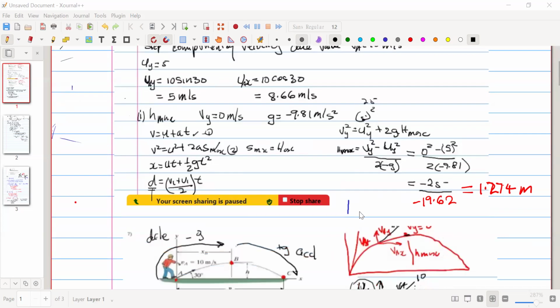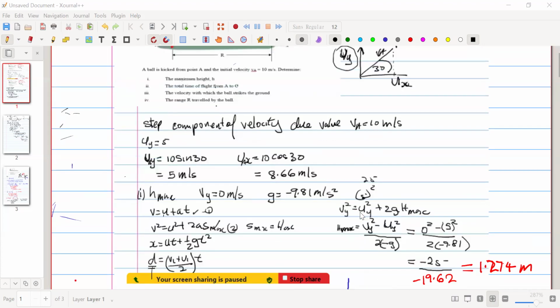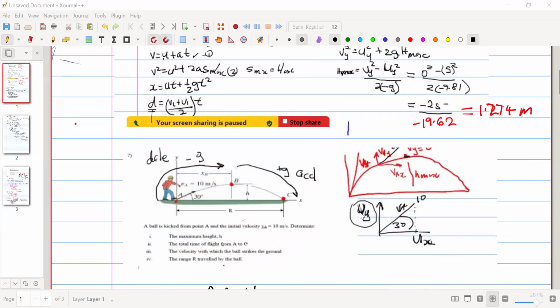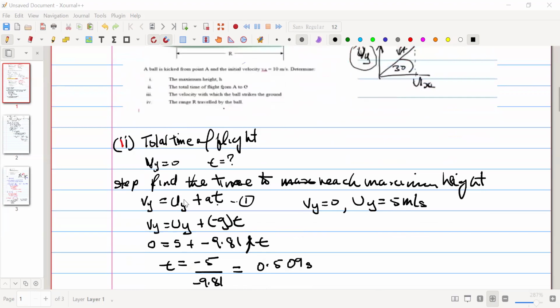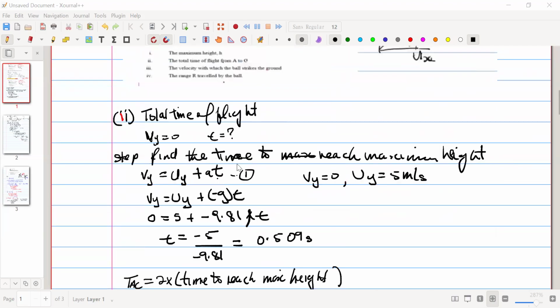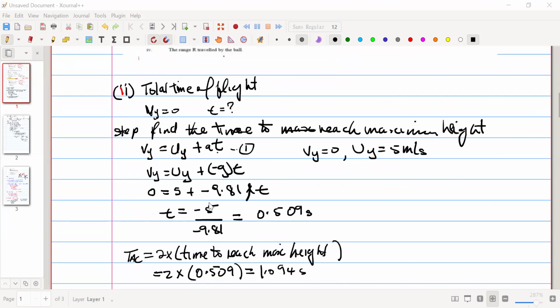Now that we have the maximum height, we can proceed to find the time to reach that maximum height. For the time of flight, first we need to find the time to reach the maximum height, and then we double it because it is symmetrical. At the time to reach maximum height, first equation of motion: Vy equals Uy plus At. At maximum height, Vy is 0, Uy is 5.